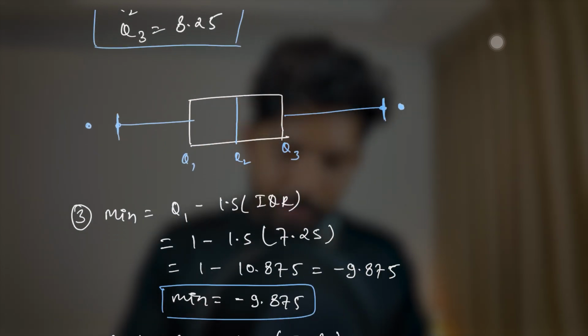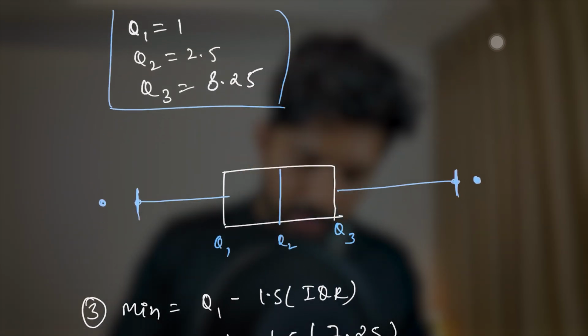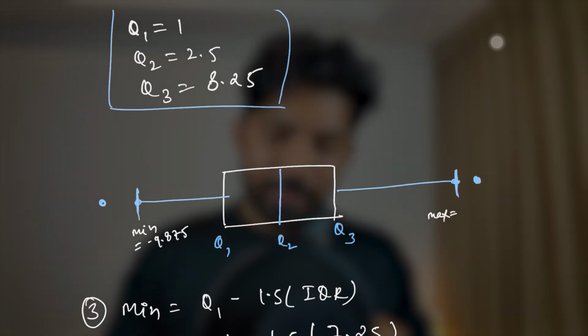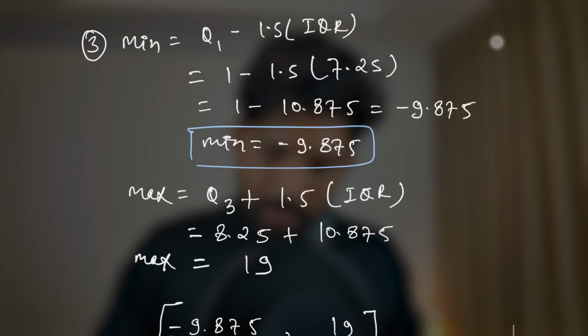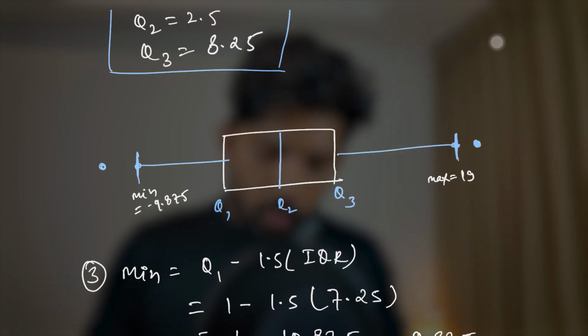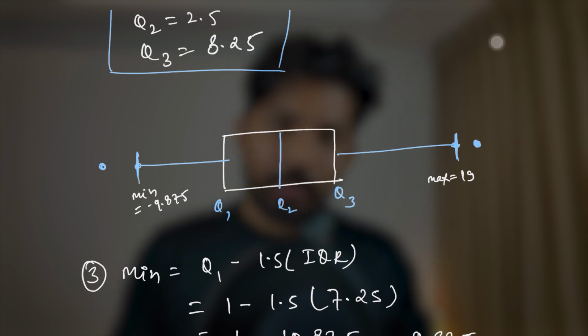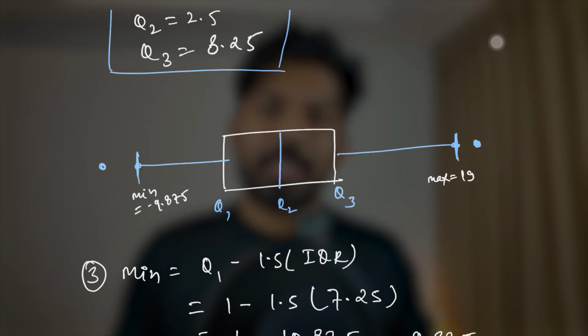We know the minimum value we have got is minus 9.875, which is here. That calculated value, right? The maximum we have calculated as 19, right? So these are the minimum and maximum. Now we have the outliers. Outliers means whatever numbers are outside of this range which we have calculated, those are considered outliers.